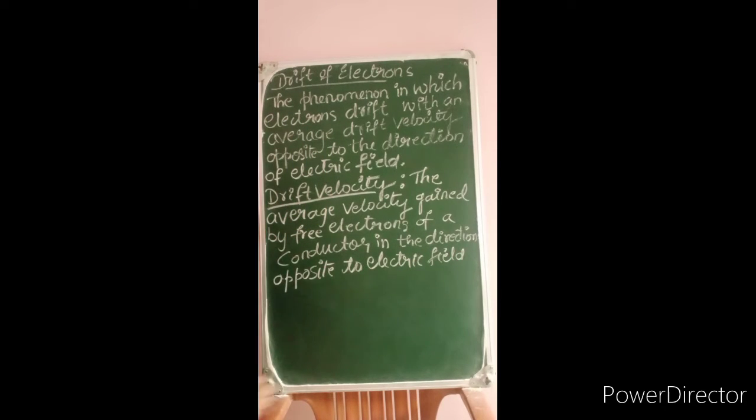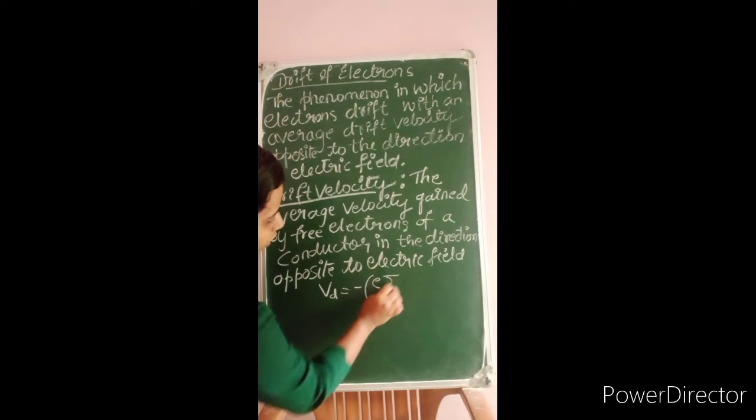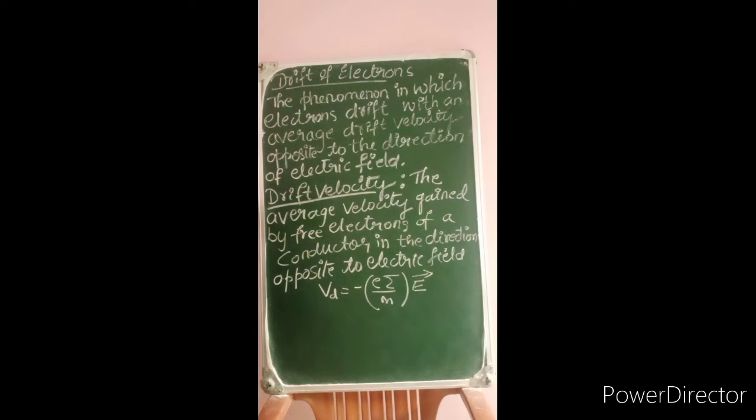It is denoted by the letter V with subscript D. V_D is equal to minus e tau divided by m into E bar, where this negative sign indicates that electrons drift in the direction opposite to the electric field.